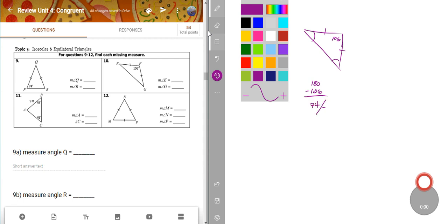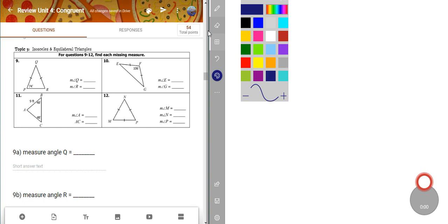And then if we cut that in half, because there's two of them with the same measurement, this will be 37. 37 and 37. And that's what you're looking for, both the measurement of E and the measurement of G, because they're the exact same, both 37.